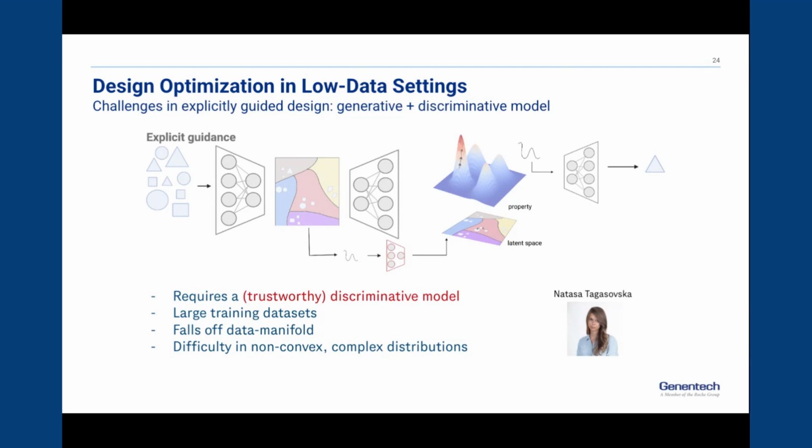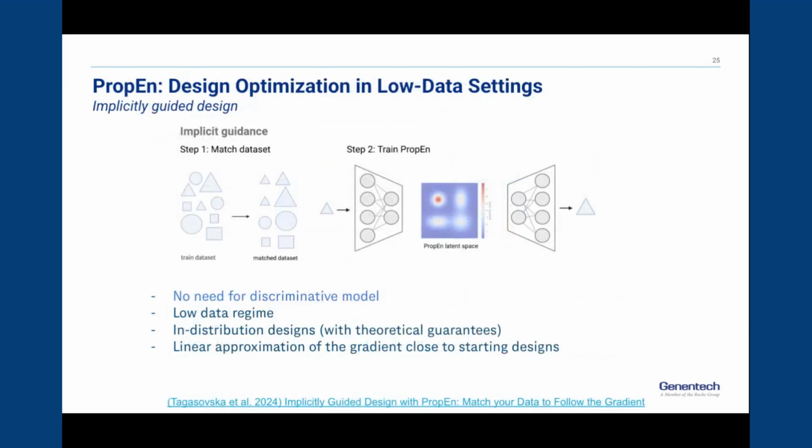That's what we call out of distribution or off the manifold. And of course, this discriminative model, if you don't have enough data points, cannot learn very complex distributions of these different properties, which is often the case for some of these developability properties. So we introduced something to avoid having problems like that, right?